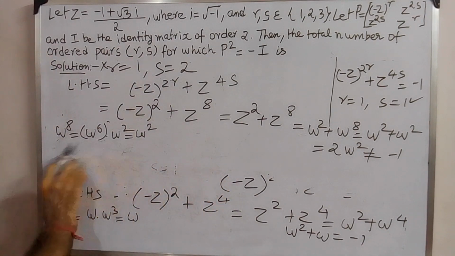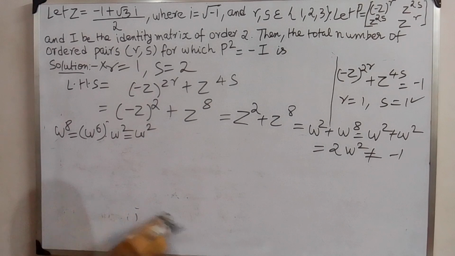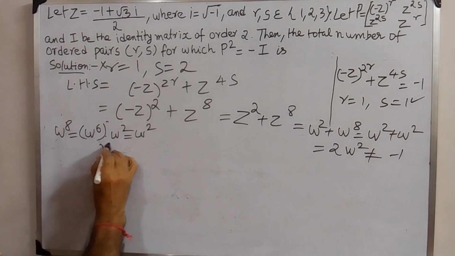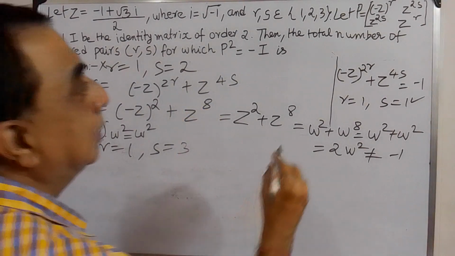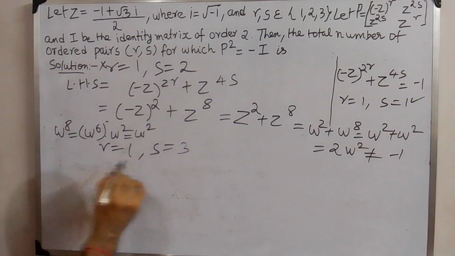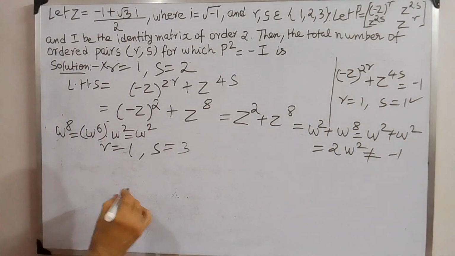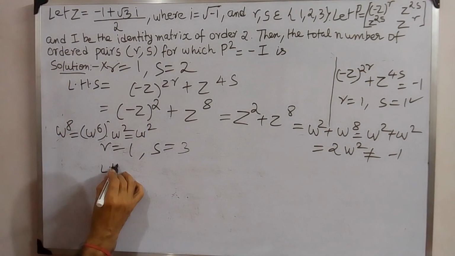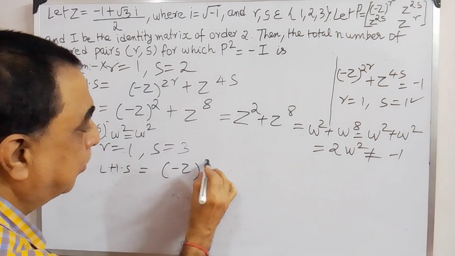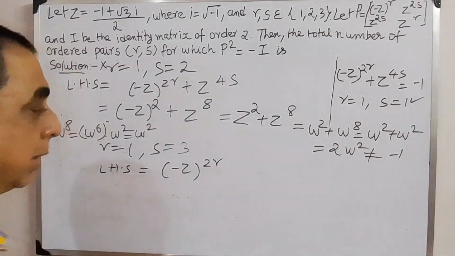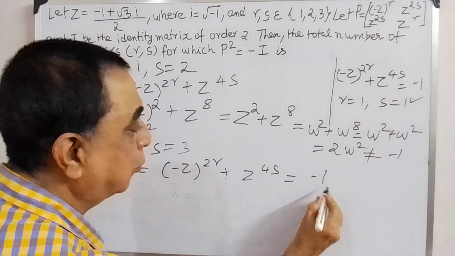Now we will check r equals 1 and s equals 3. If r equals 1 and s equals 3, this should be equal to minus 1. So the left hand side has to be minus z to the power 2r plus z to the power 4s, and this should be minus 1.